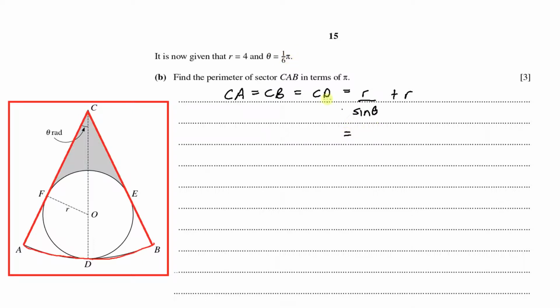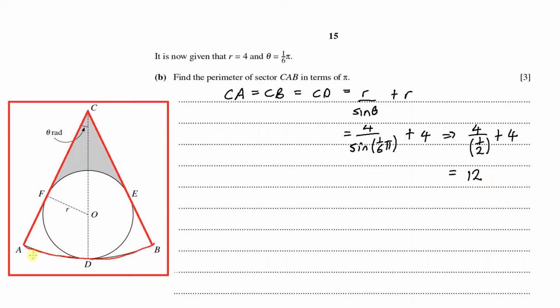So this will be equal to 4 over sine of pi over 6, plus R, which is 4. Now sine of pi over 6 is a half. So we have 4 over a half plus 4. And 4 divided by a half is 8, and 8 plus 4 is 12. So we have right here CA and CB being equal to 12.